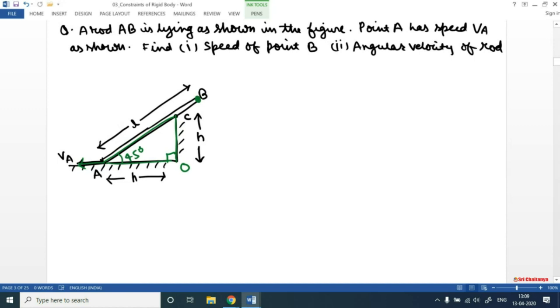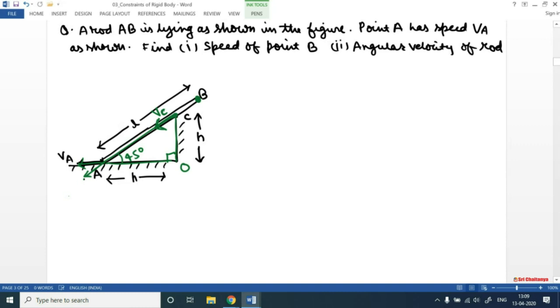So now let's begin to write the constraint equation. This rod is supported over this point C on the wall here. So this point C on the rod is constrained to move only along the rod. This is the direction of the velocity of point C, so this is VC. Similarly, we can resolve the velocity of point A along two mutually perpendicular directions.